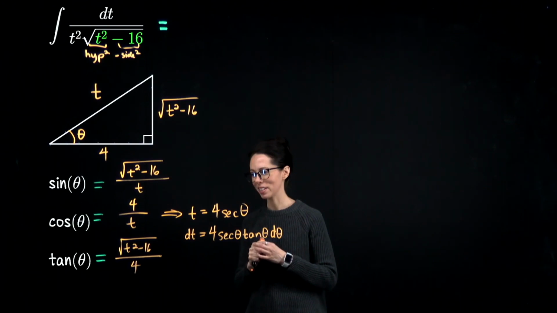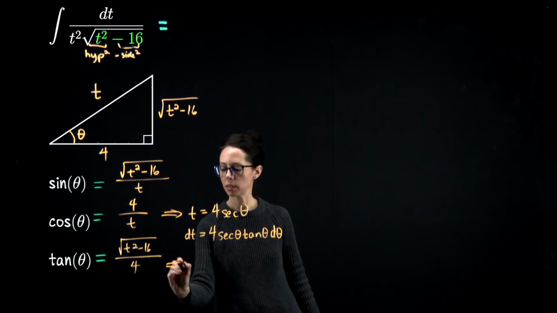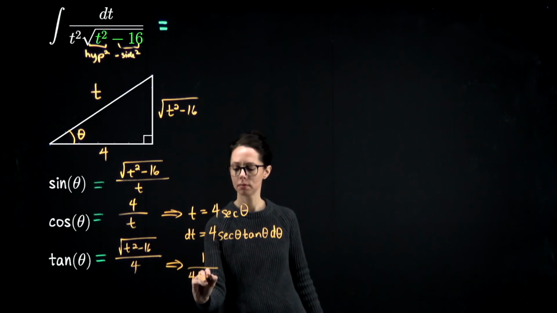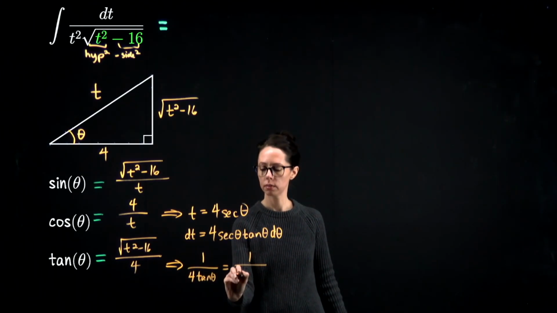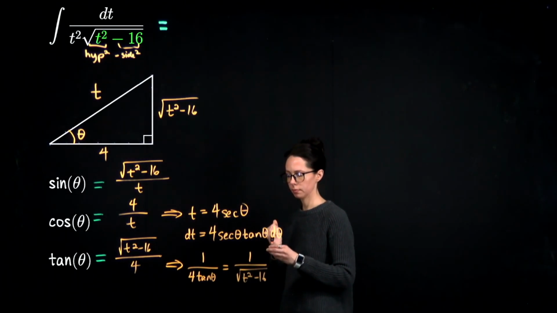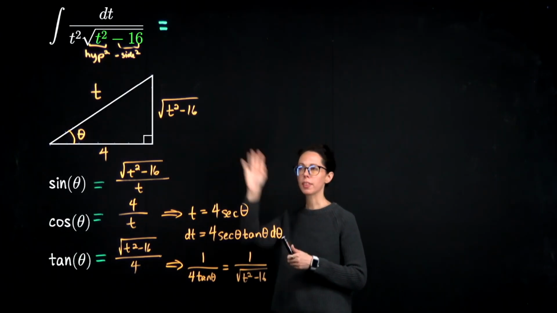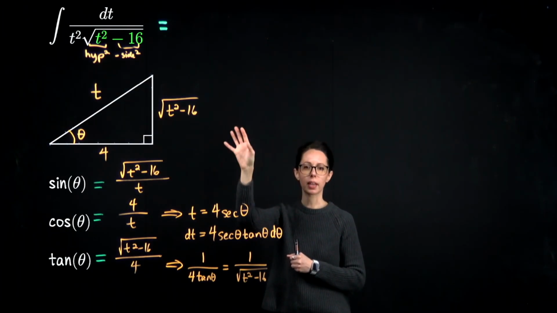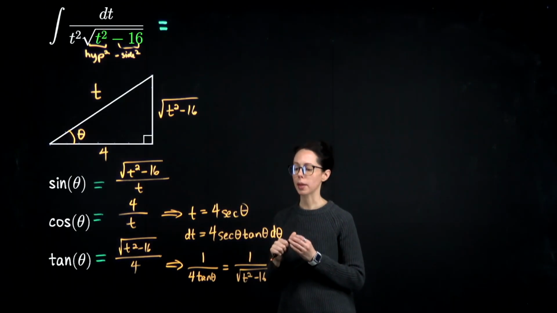So maybe I will write, let's see, 4 tangent theta is the square root. So this one tells me 1 over 4 tangent theta is 1 over the square root. And now let me rewrite this integral where I'm going to sort of put it in factored form based on the terms I plan on replacing one at a time, and then we'll replace them with their equivalent expressions written with respect to theta.